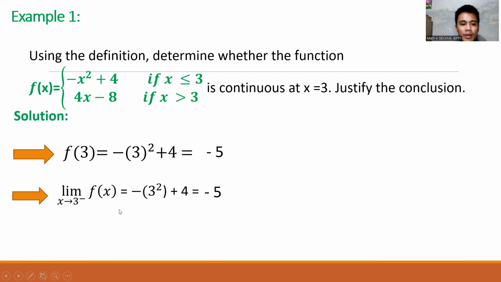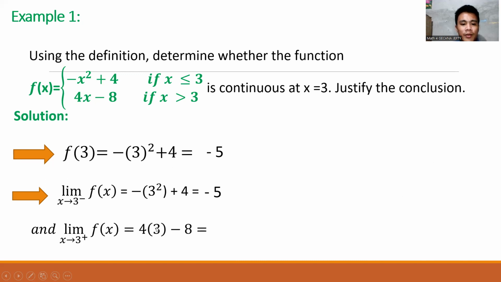Then we will also determine the limit of f of x as x approaches 3 from the right. We use the function 4x minus 8 for x greater than 3, because from the right, x is greater than 3.